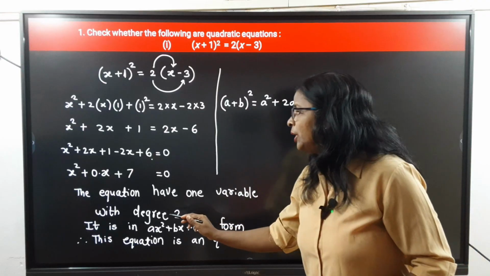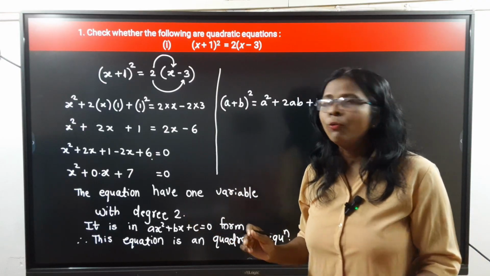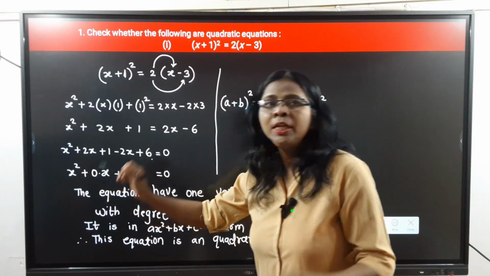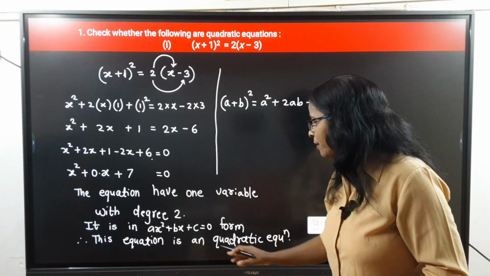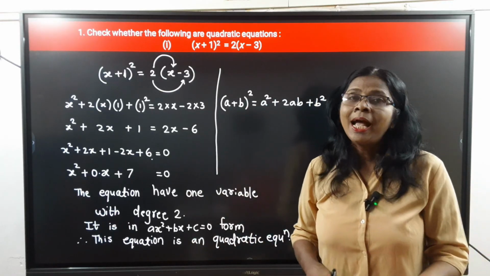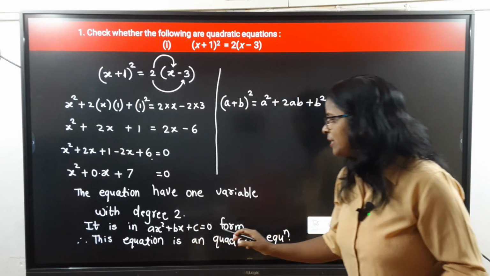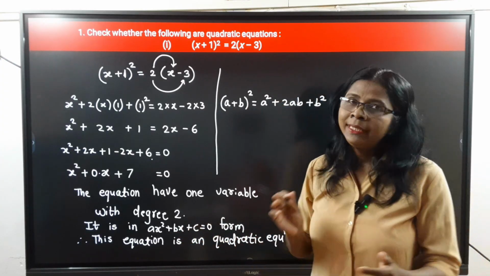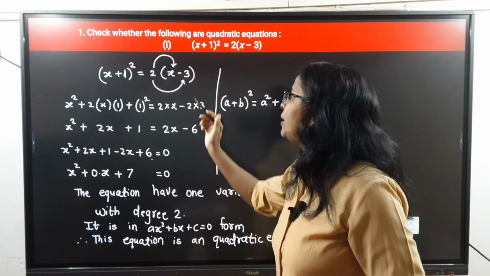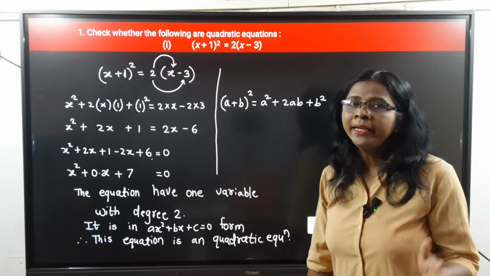If the simplified equation follows these two conditions, then you can say this equation is a quadratic equation, and it is in the ax² + bx + c = 0 form. Then we say that this given equation is a quadratic equation.